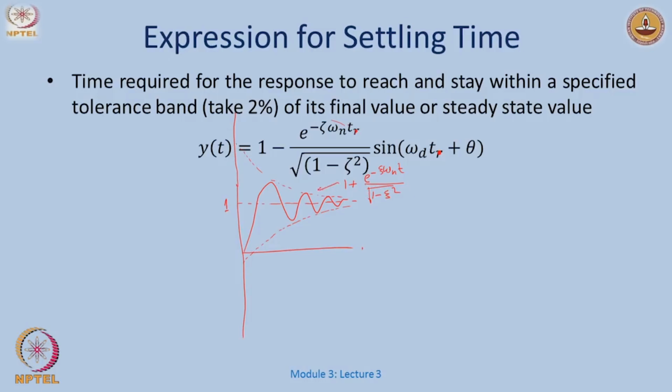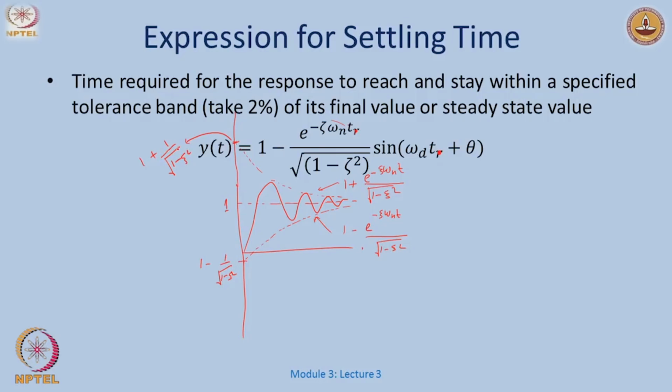This is the curve on the top and this is the curve on the bottom: 1 minus e power minus zeta omega n t over square root of 1 minus zeta square. And then this value here would be 1 minus 1 over square root of 1 minus zeta square, and the value here would be 1 plus 1 over square root of 1 minus zeta square.